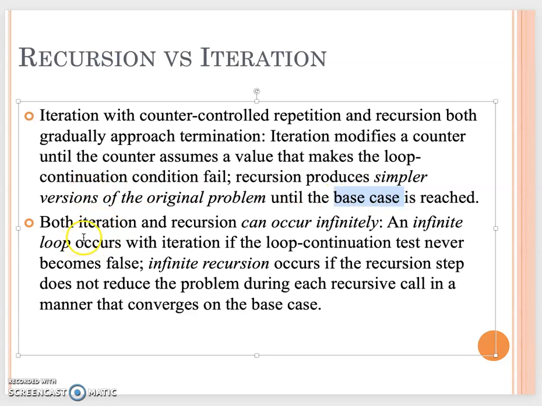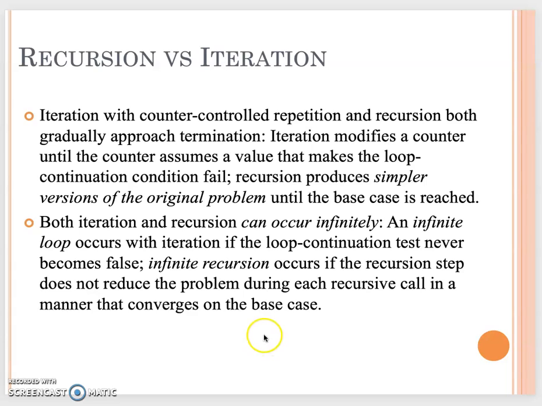So as we said earlier, if you don't have the termination test, both your iteration and recursive functions can possibly run infinitely. An infinite loop will occur in iteration if your loop condition test never becomes false. Infinite recursion in your recursive function means you never reduce the problem with each recursive call, so they never reach the base case. So that's some of the similarity between the recursive function and the iteration function. So sometimes you have some problem.